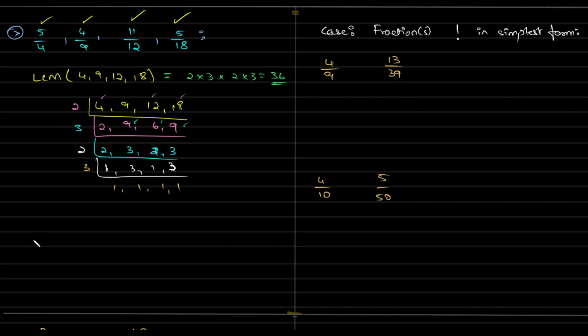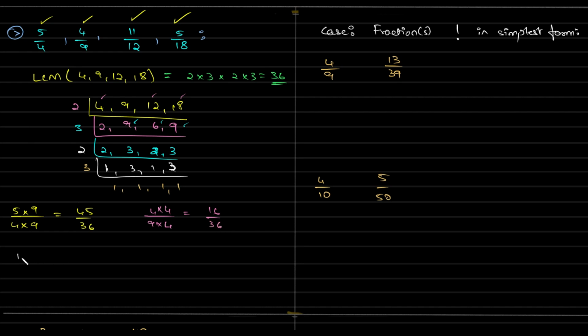And now the last step is to convert. So 5 by 4 is to be multiplied with what? 9 by 9. So this is 45 by 36. First one done. 4 by 9 into 4 by 4, that is 16 by 36.